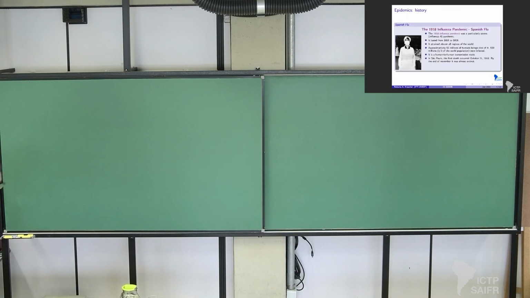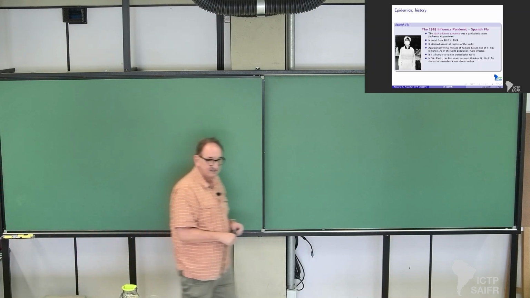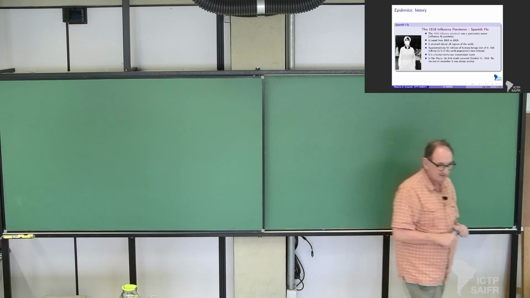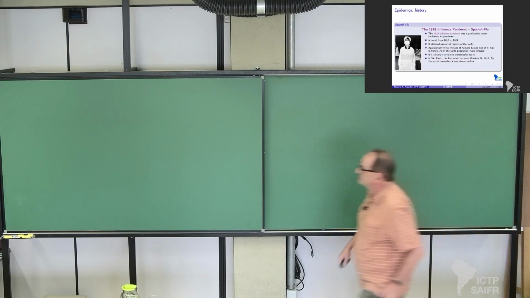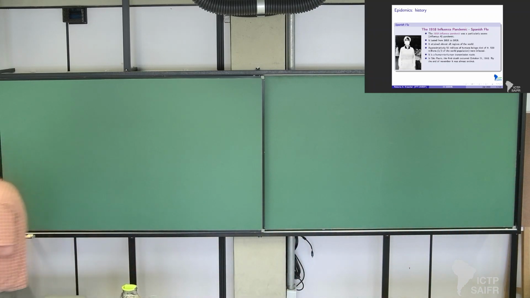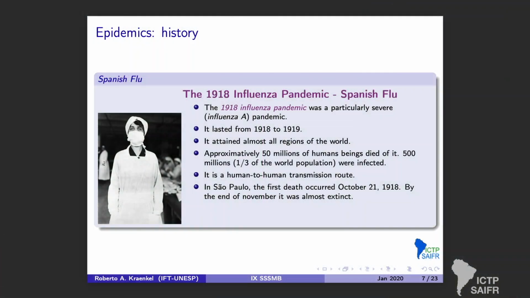And tuberculosis is still an important cause of death, due to resistant tuberculosis. I also forgot to mention that one of the very important epidemics in the 20th century is the influenza pandemic, which is called Spanish flu.